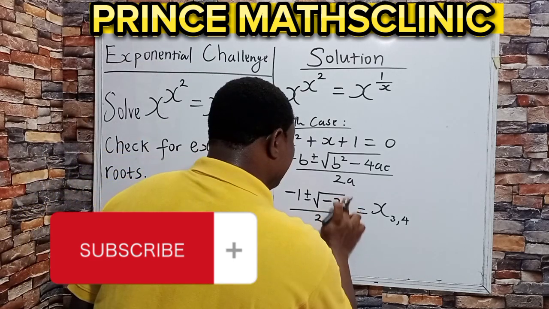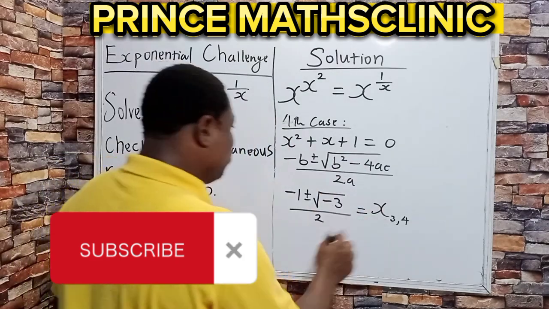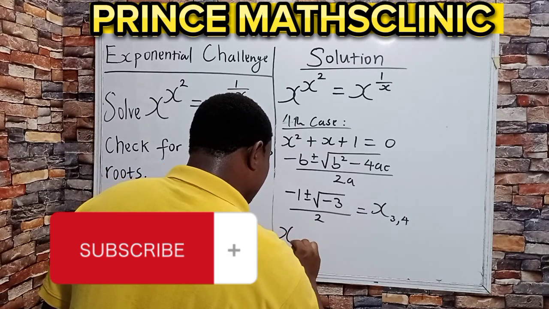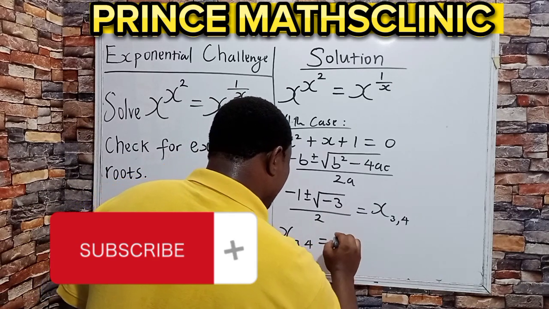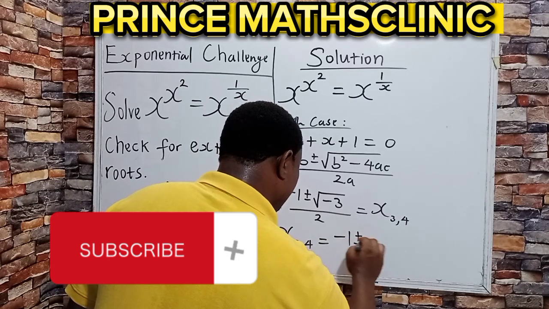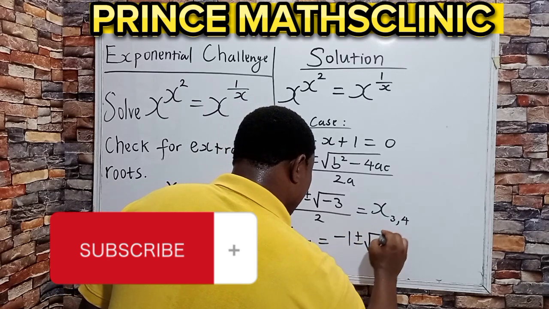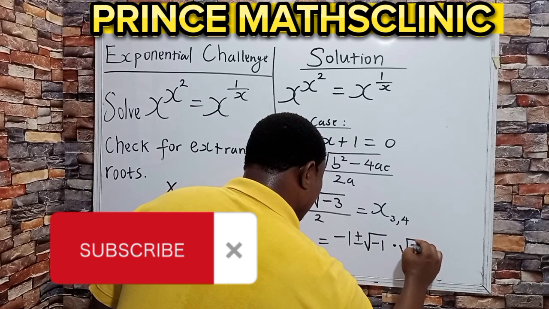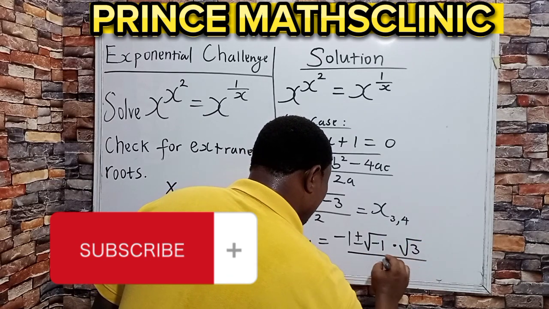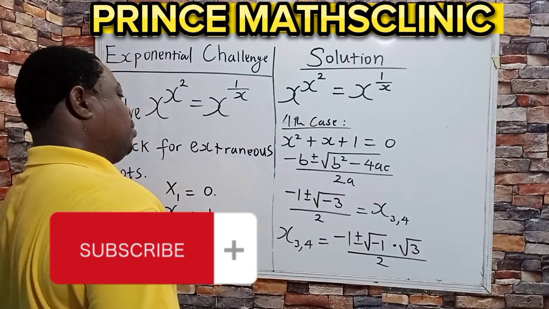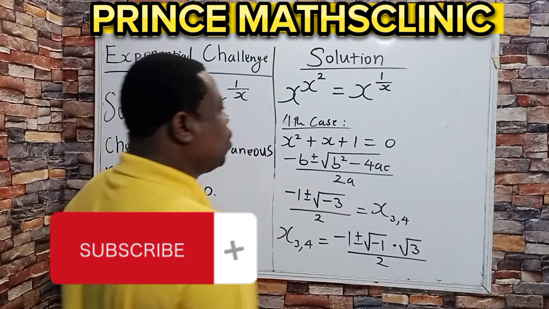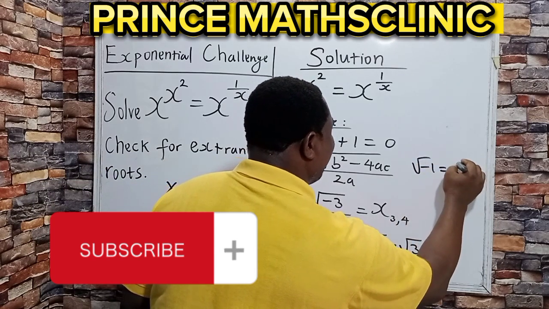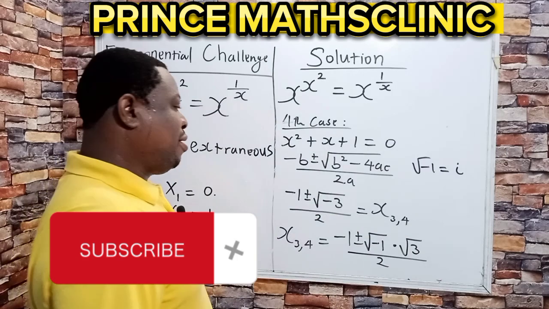But simplifying this, what does the square root of negative 3 mean? It means that my x3 and x4 will be minus 1 plus or minus square root of negative 1 times square root of 3, all over 2. And we know that the square root of negative 1 is an imaginary number.